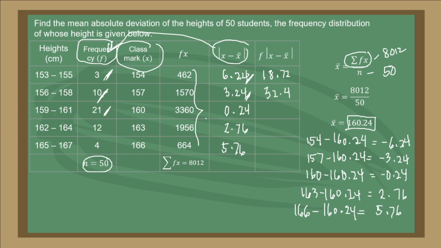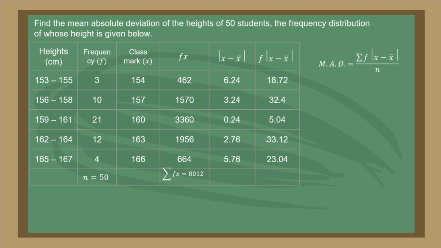Okay, 21 times 0.24. The answer is 5.04. Then 12 times 2.76. The answer is 33.12. Next is 4 times 5.76. So the answer is 23.04. Okay, so we have completed the column.